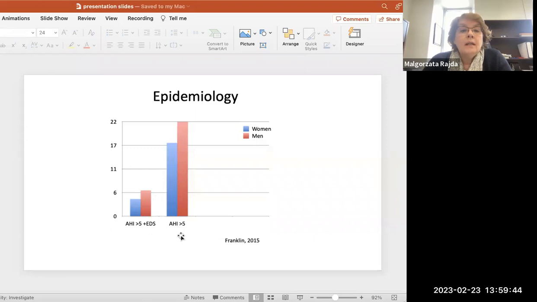If we only count the apnea-hypopnea index, more than 5, without other symptoms, particularly without daytime sleepiness, the prevalence goes way, way higher, with about 22% of middle-aged men meeting that threshold.